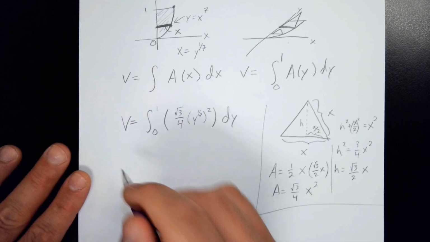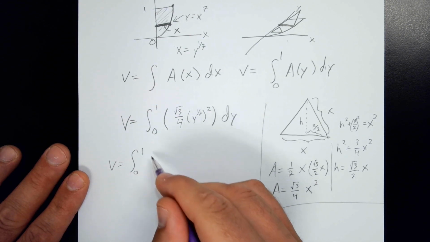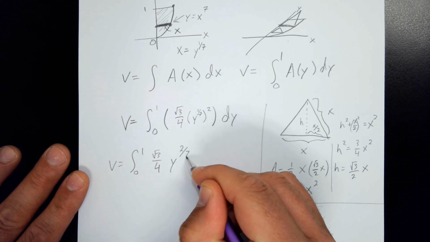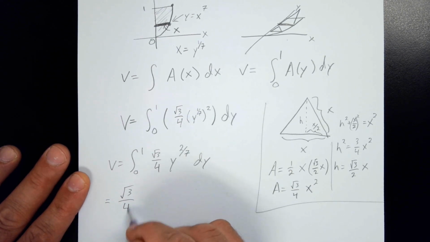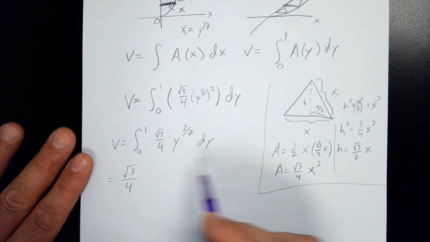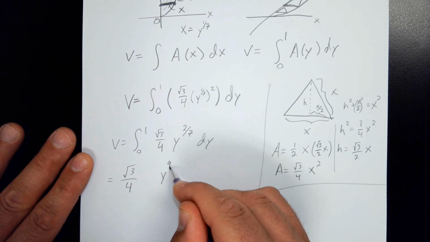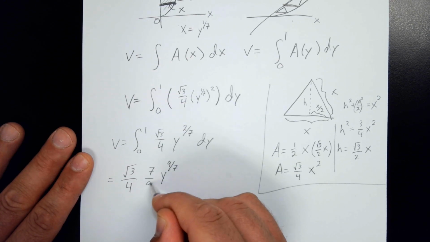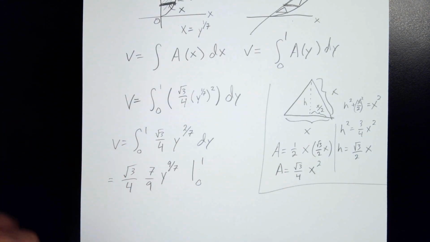So let's see what I've got. The volume is the integral from 0 to 1 of square root of 3/4 times y to the 2/7 dy. I can take that square root of 3 over 4 out. The integral of y to the 2/7 must be y to the 9/7, since I add 1 to 2/7. I'm going to divide by 9/7, or multiply by 7/9, and evaluate this from 0 to 1. 0 and 1 are nice things to plug in.